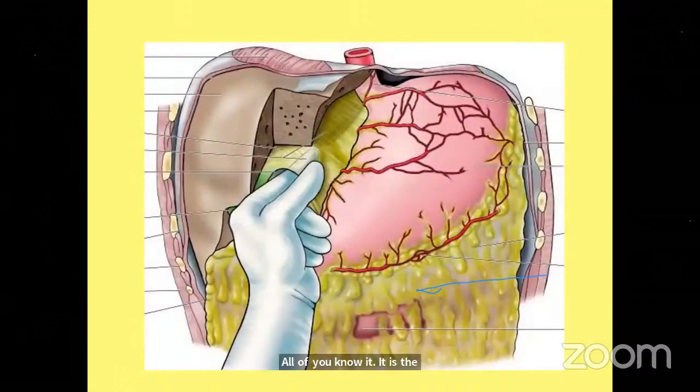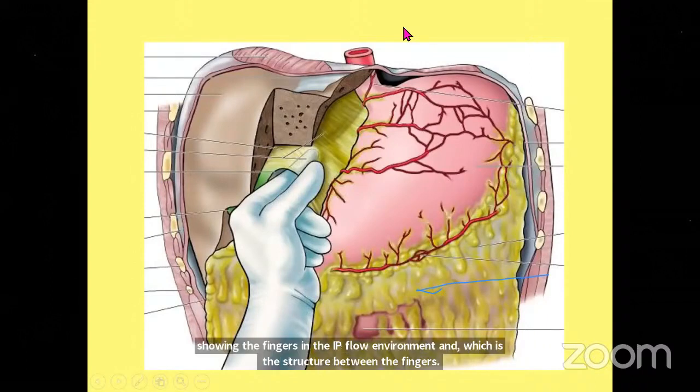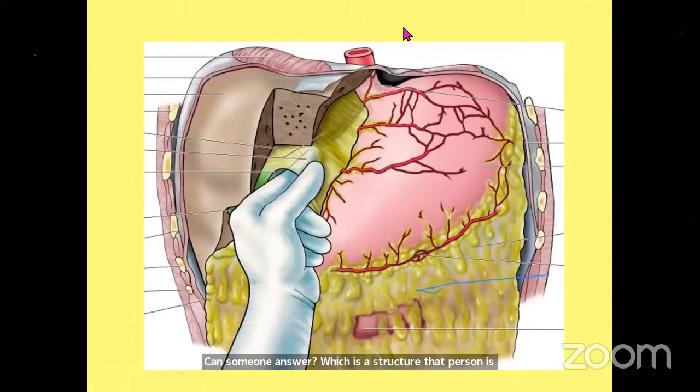So the figure is showing the fingers in the epiploic foramen, and which is the structure between the fingers? Can someone answer? Which is the structure that person is holding between the fingers? Why I'm stressing this is, these can be images with pointers asking, is it lesser sac?